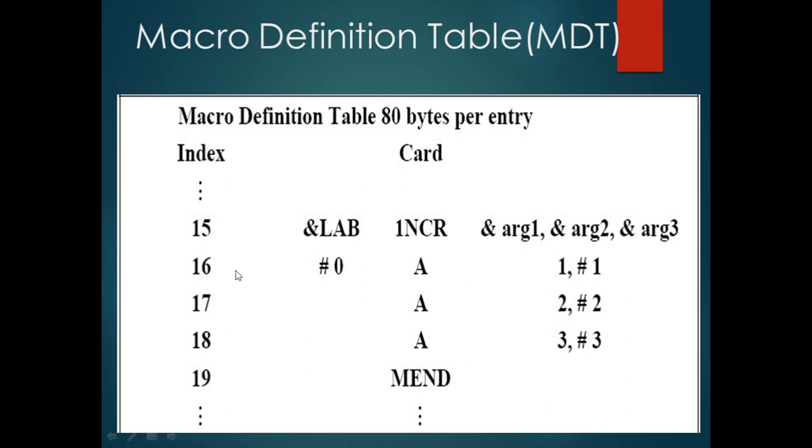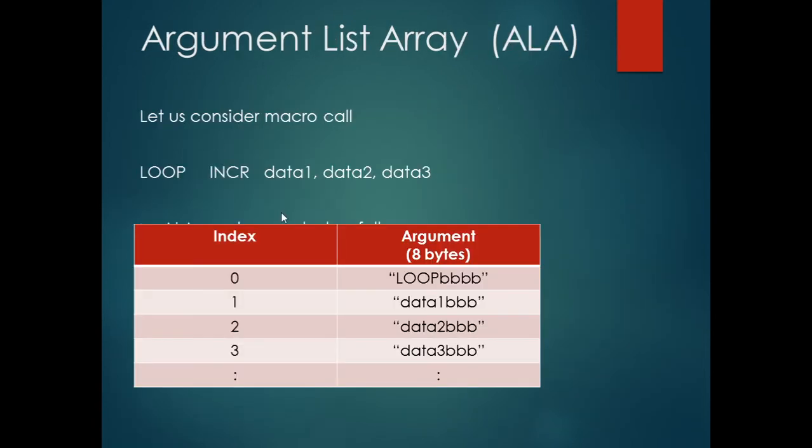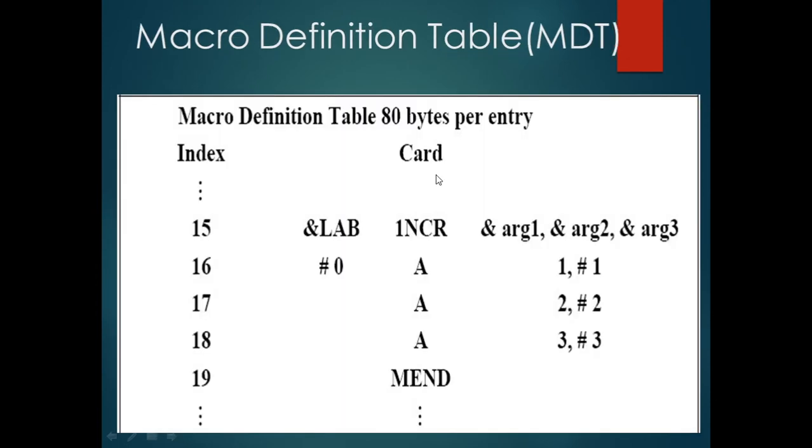Let us start from index number 15, assuming that before this 15 there is another macro stored. In our previous example we already saw this macro call. Loop is the label, incr is the name of the macro, and these three are the arguments. Here ampersand label is nothing but the loop.